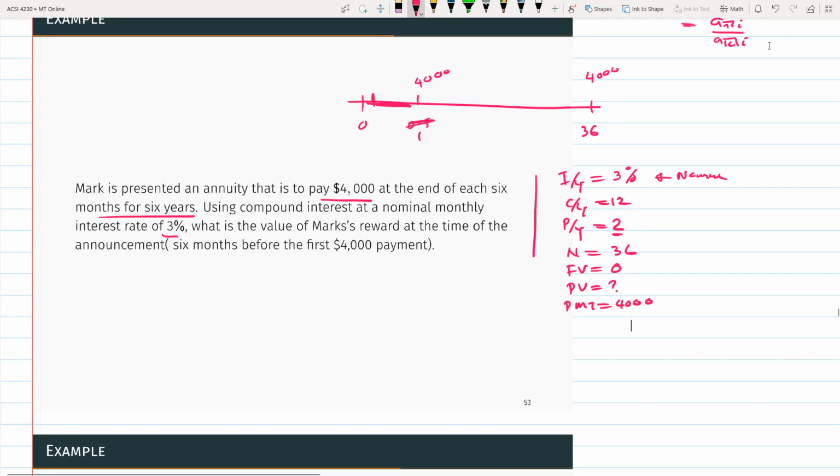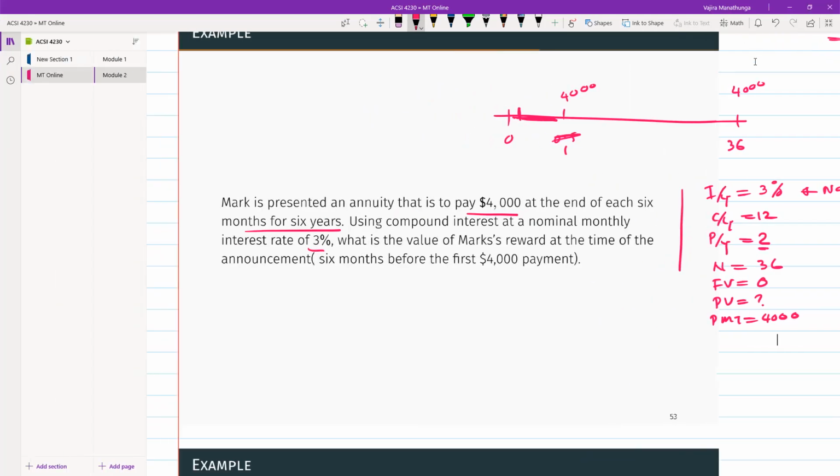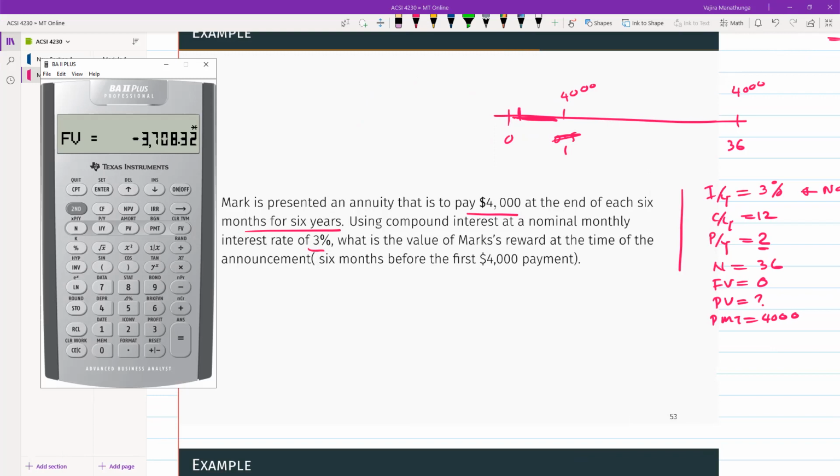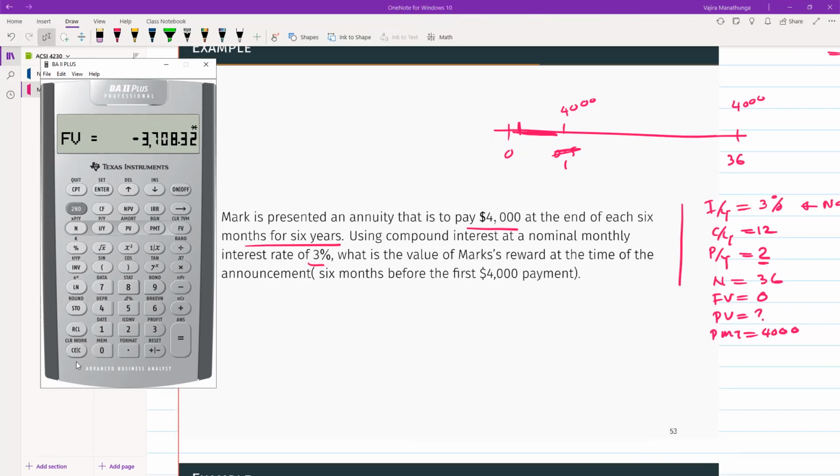You can see right away that you really don't need the formulas we proved. We can use the calculator for the problem, and remember, you are allowed to use this calculator during the exam. So let me reset this calculator. We enter 36 for N. Rate is 3%.